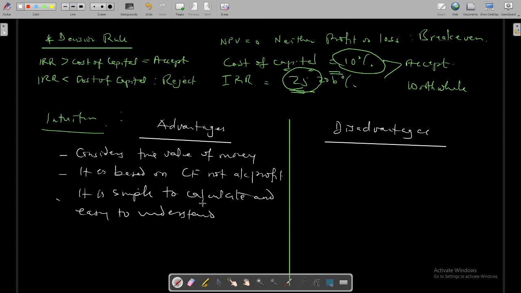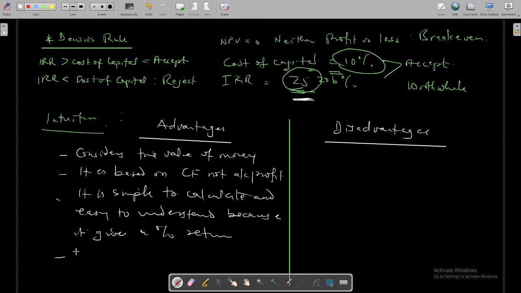because it gives a percentage return, which in this case was 25.201.